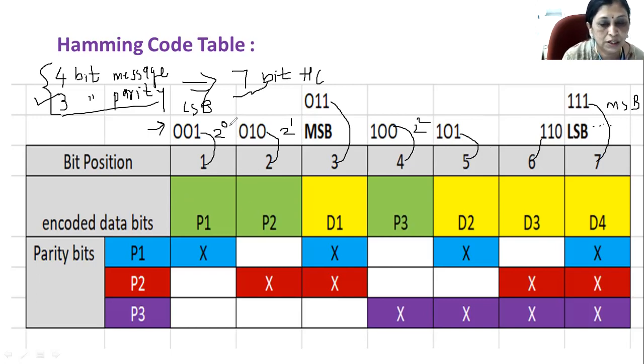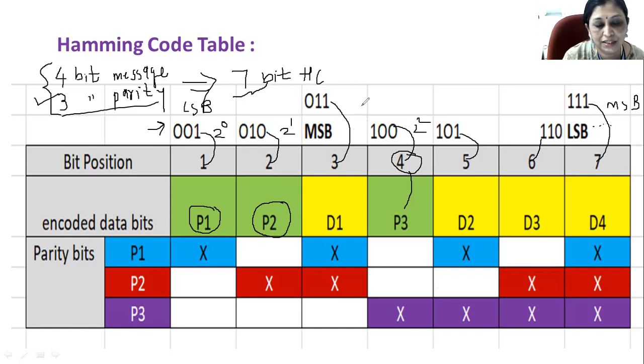So 2 to the power 0 is equal to 1, that means bit position number 1 is parity bit 1. Bit position 2 means 2 to the power 1, which is equal to 2, so the second parity bit is at bit position 2. As 2 raised to 2 is 4, bit number 4 is the position of the third parity bit. Now the remaining bits must be written as message bits.